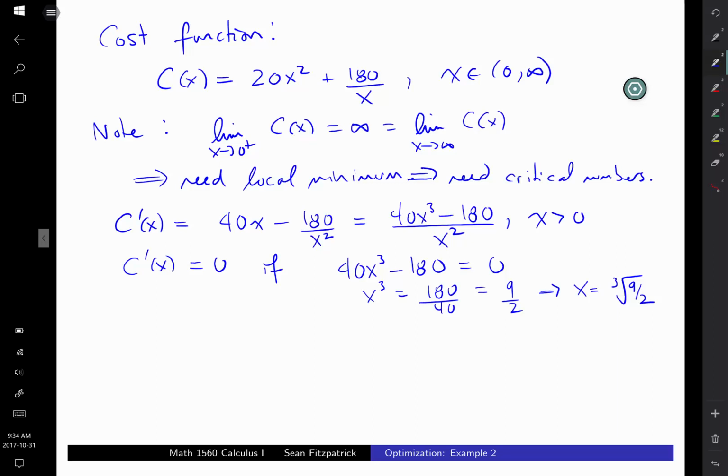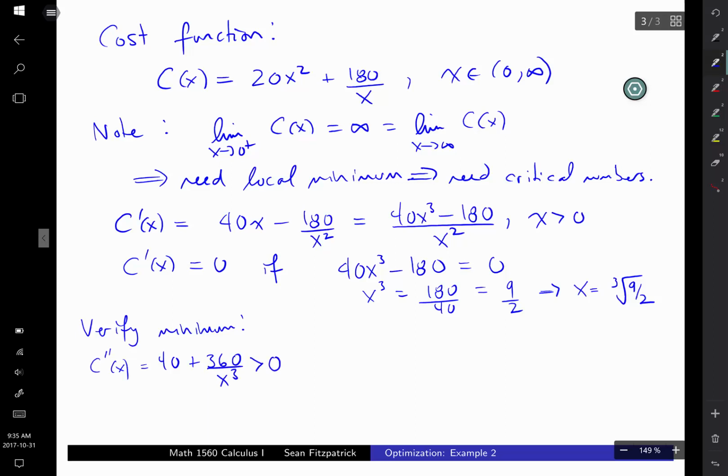We want to verify the minimum. And we could do the first derivative test here. It's a little bit awkward with the function that we have. We could go to the second derivative. So c double prime is going to be 40 plus 360 over x cubed when we take the derivative.